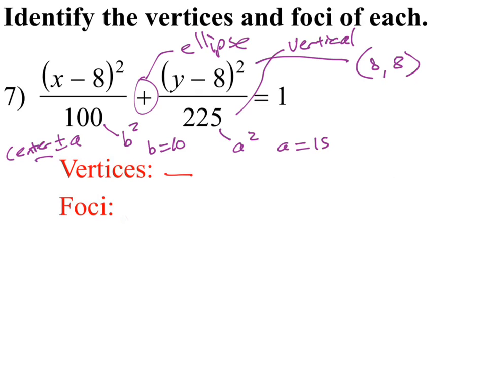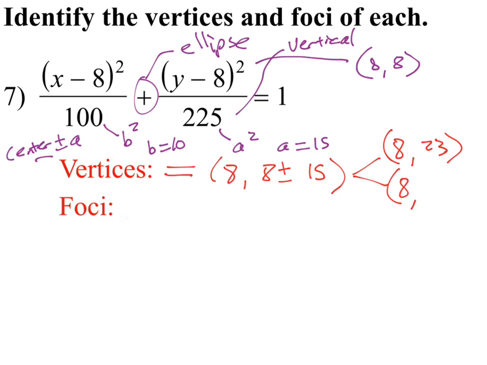So our vertices here are going to be 8, and then 8 plus or minus my a value, 15, which spawns 2 points. We got 8, and then 23, and then it's 8, negative 7. So there's our vertices here.